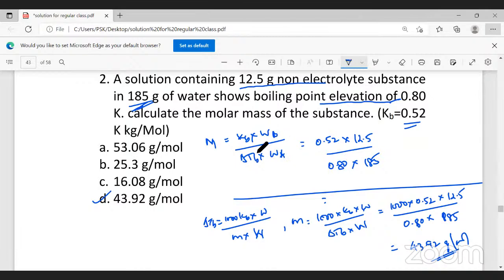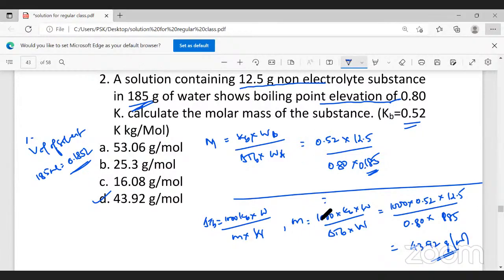Here, in the same formula, they have not mentioned the 1000. Since they have not mentioned the 1000 here, you cannot take the solvent in terms of grams. You have to convert the solvent, 185 grams, into 0.185 kg.